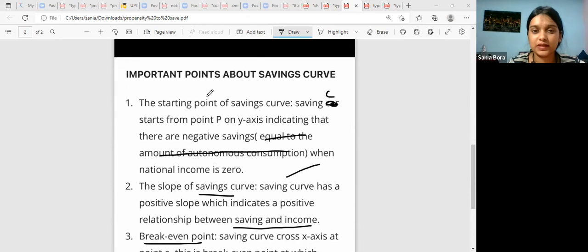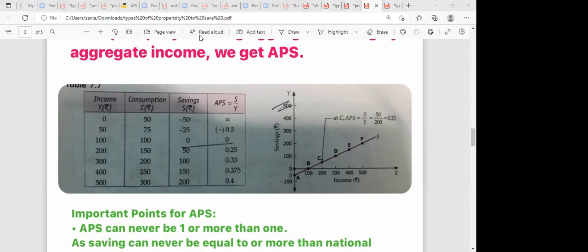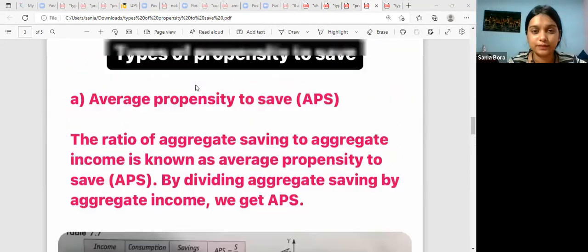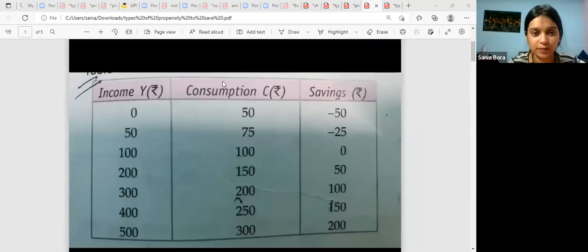So now we are going to do the saving curve first. Just give me 1 minute. So first of all, we will be drawing the schedule as we did in the previous one.